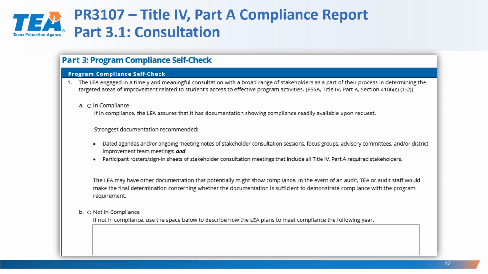The LEA may have other documentation that could potentially demonstrate compliance. In the event of an audit, TEA staff will make the final determination if documentation meets the requirement. If the LEA is not in compliance, click on 1B and use the space below to indicate how the LEA plans to meet compliance of the requirement the following year.